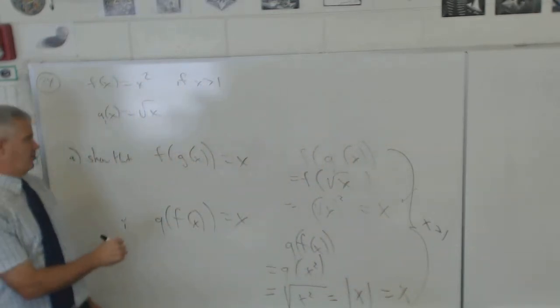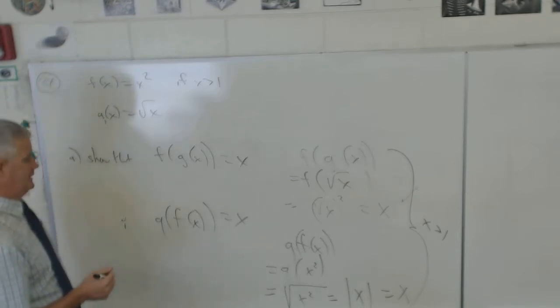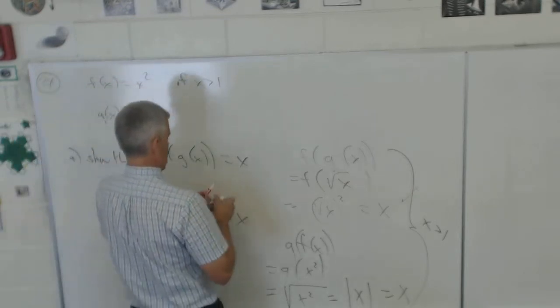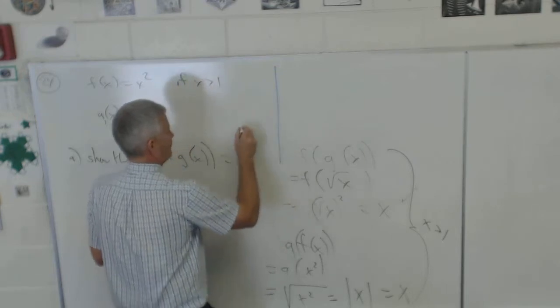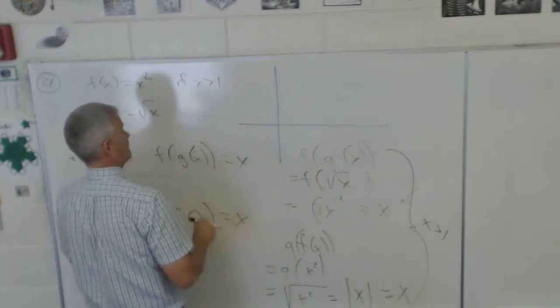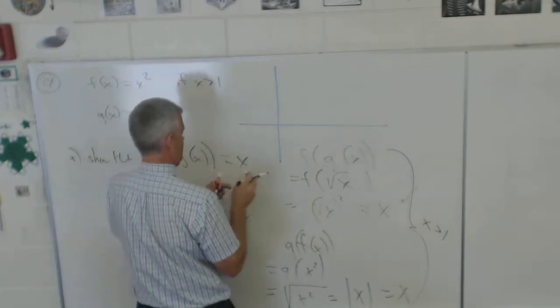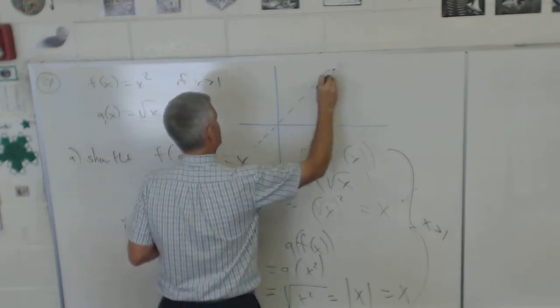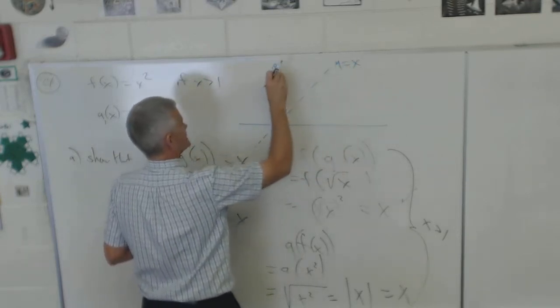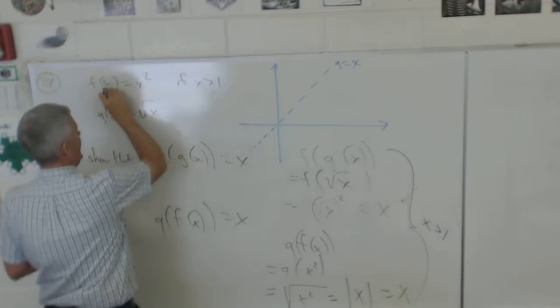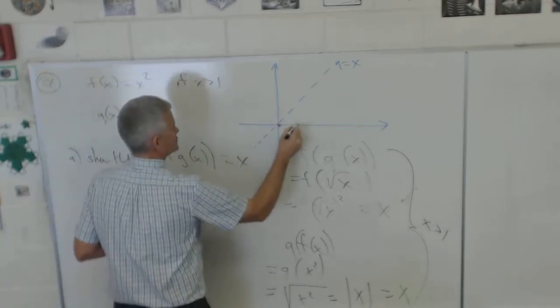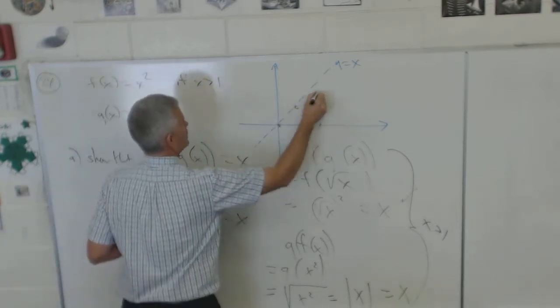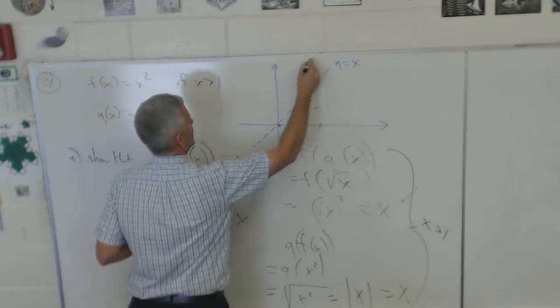That's part A. Keep reading, part B. Show that f and g are not inverses by showing that the graphs of y equals f of x and y equals g of x are not reflections of one another about y equals x. Okay, so here's the line y equals x. And f is x squared, goes through 0, 0, goes through 1, 1, goes through 2, 4.